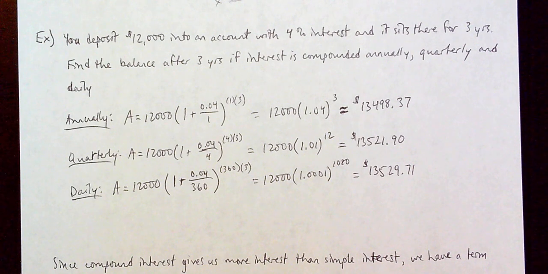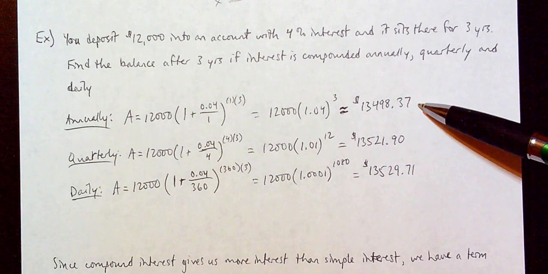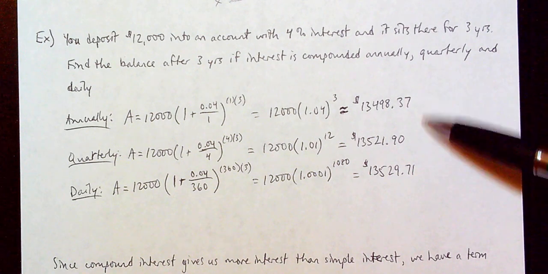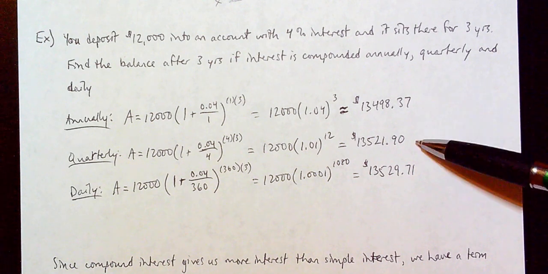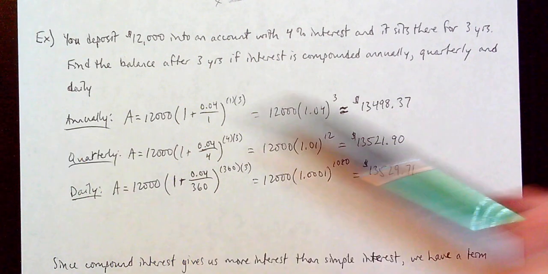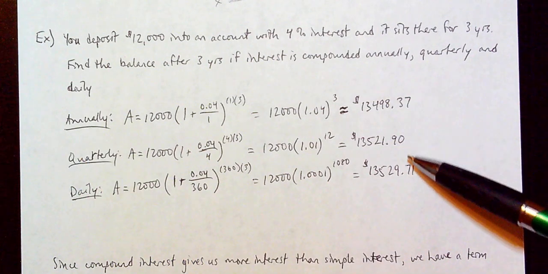So having those extra places to the right of your decimal involved in your calculation can become very important when we get to things like this. But you can see we are getting a little bit larger as we go, as we compound more often. We are getting a little bit more money.